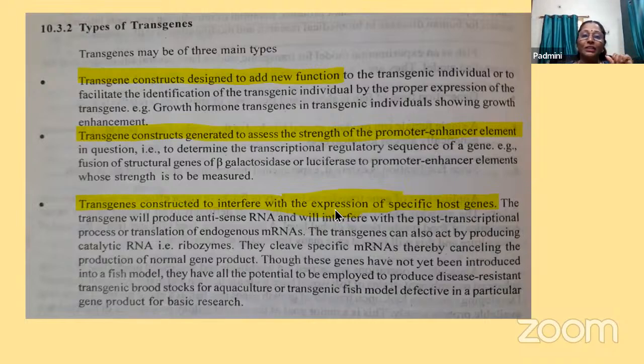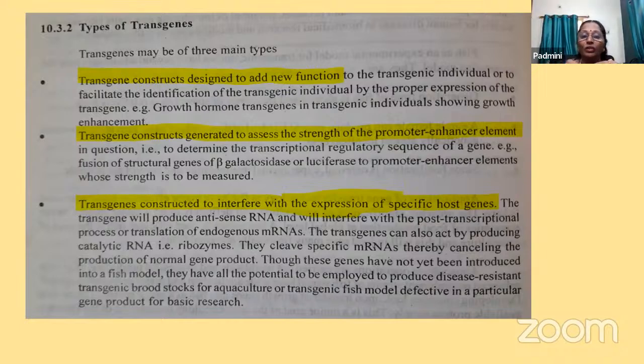Then the third one is transgene constructed to interfere with the expression of a specific host gene. So you construct a gene of interest wherein you want to suppress some particular expression in the wild type fish. You add a gene that binds to the genome so that it can suppress the expression of that particular gene. For example, P53 is a tumor suppressor gene, but if you add a mutated P53, you mutate the expression of the tumor suppressor gene so that the animal can express cancer genes.